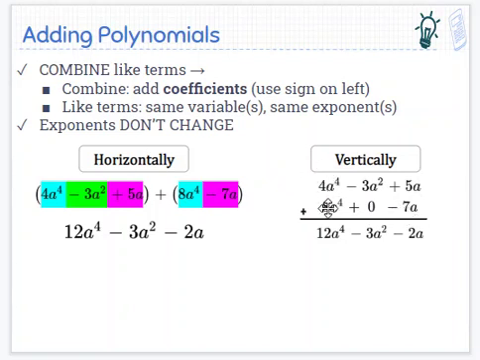And then add the coefficients of each column. Notice like terms must be in the same column going up and down. So again, 4a to the fourth plus 8a to the fourth is 12a to the fourth. Negative 3a squared plus 0, we leave it as negative 3a squared. And plus 5a minus 7a is minus 2a.